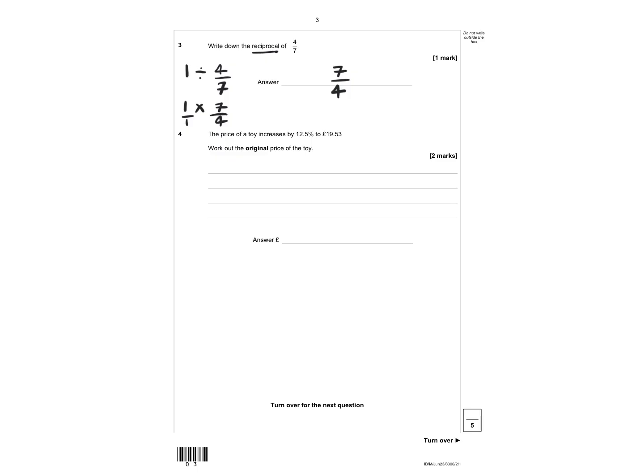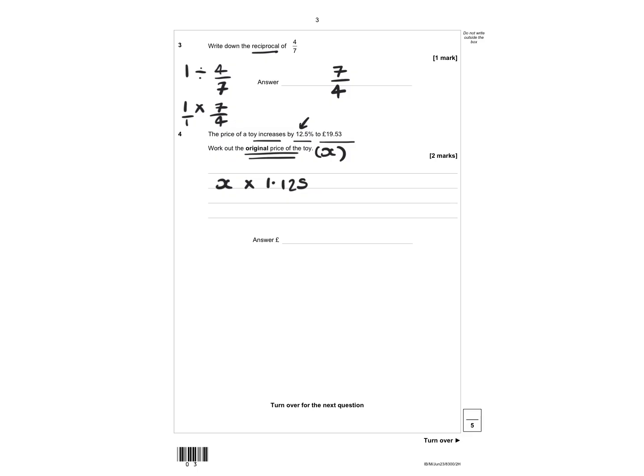Question 4. The price of a toy increases by 12.5% to £19.53. Work out the original price of the toy. So this is a reverse percentage question. If we call the original price of the toy X, the original price is increased by 12.5%. Now, if you're increasing by 12.5%, you're multiplying by a percentage multiplier of 1.125.